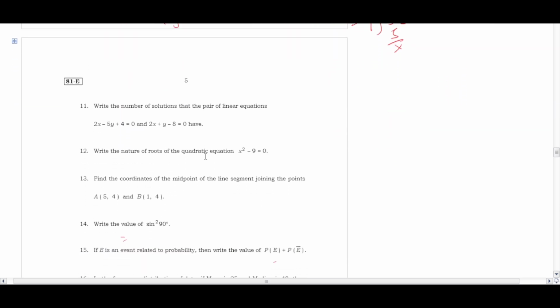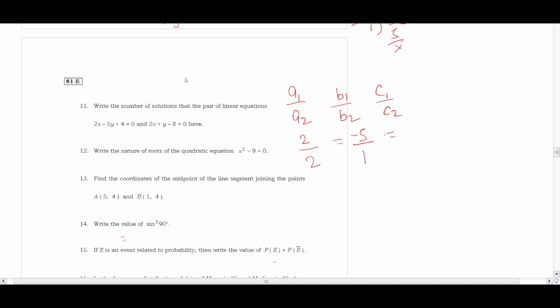Then next, write the number of solutions of the pair of linear equations. Before this question I explained the 3 conditions already. Here, same question. Then here you write a1 by a2, b1 by b2, c1 by c2. A1 value is given 2 and a2 value is given 2. And b1 value is given negative 5 and b2 value is given 1.